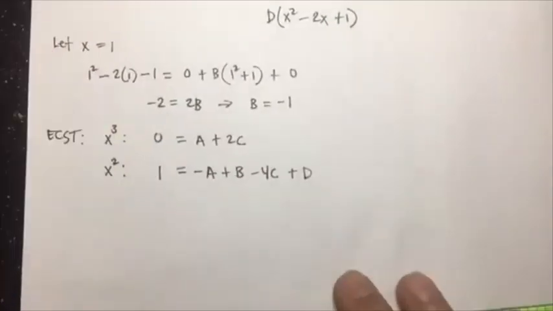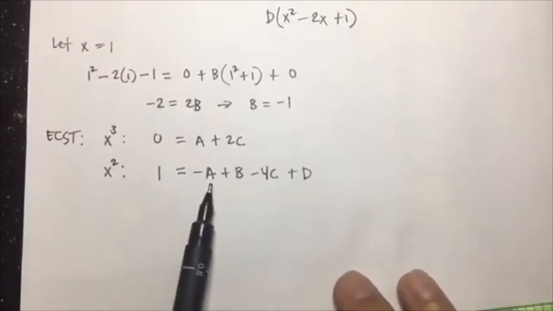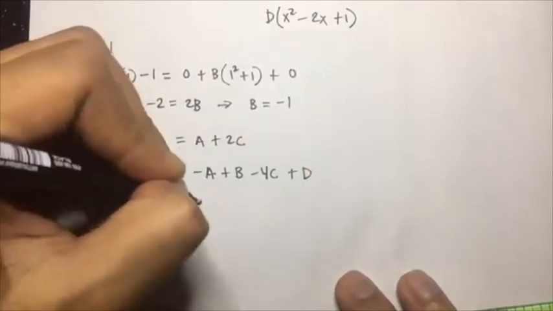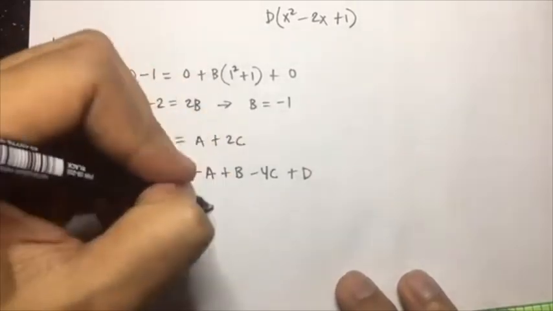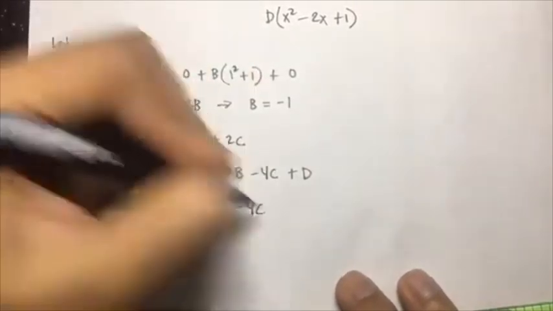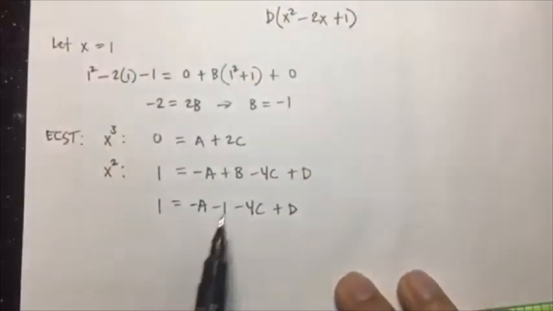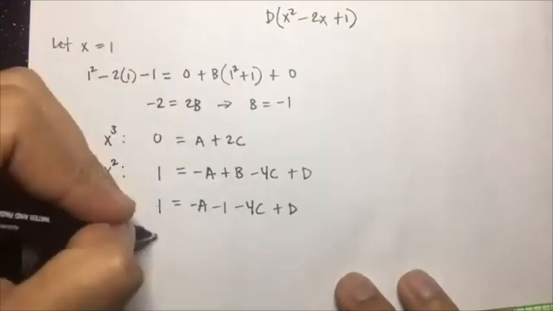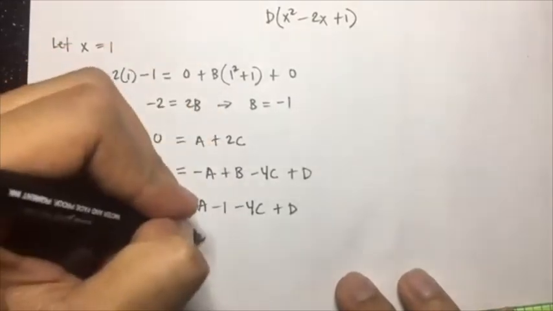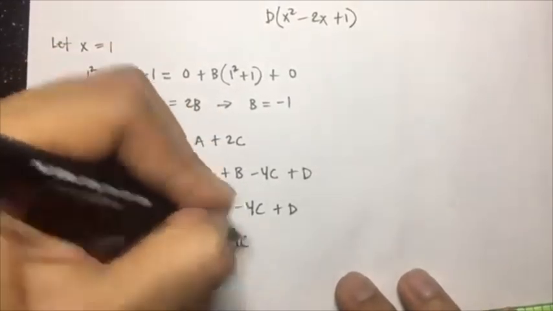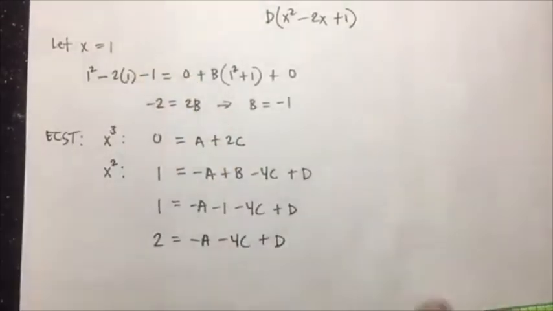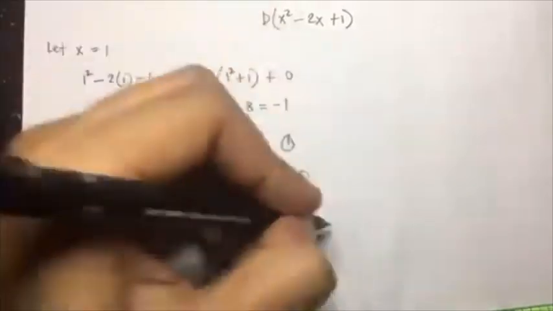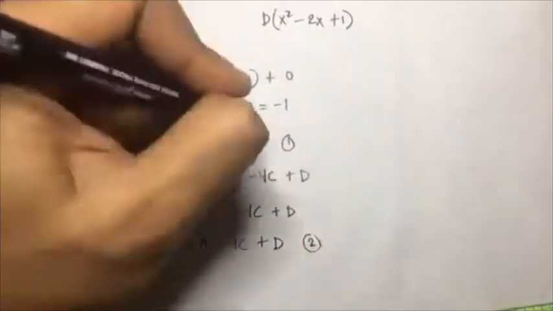Okay, since we know that b is equal to negative 1, therefore we'll have 1 is equal to negative a minus 1 minus 4c plus d. Transposing negative 1 to the other side, it will become positive 1. Then 1 plus 1 is 2, so 2 is equal to negative a minus 4c plus d. Let this be our equation 1. Then this is our equation 2.